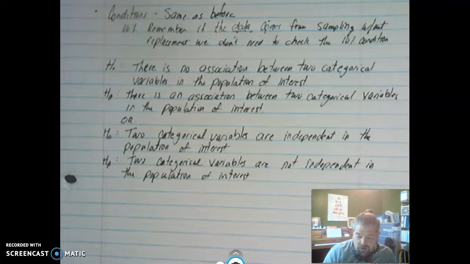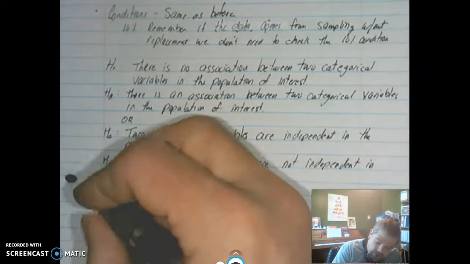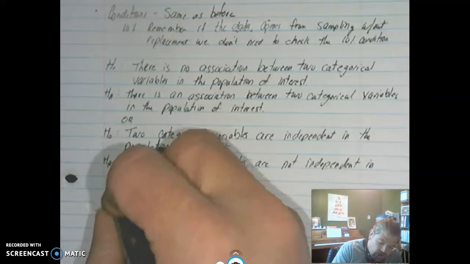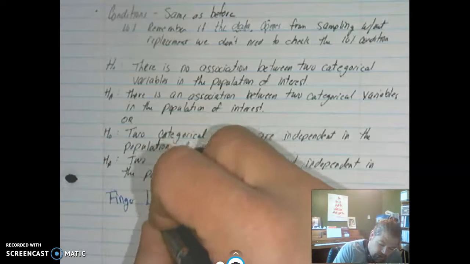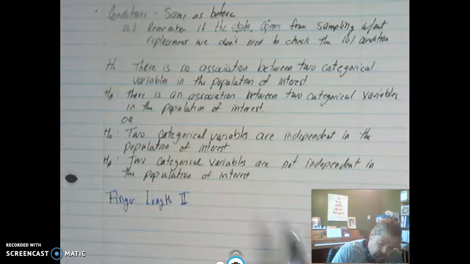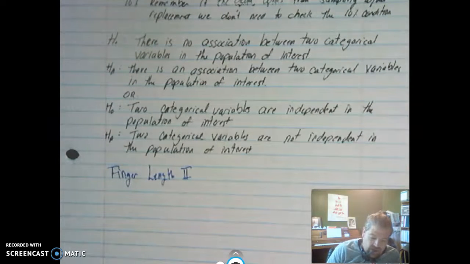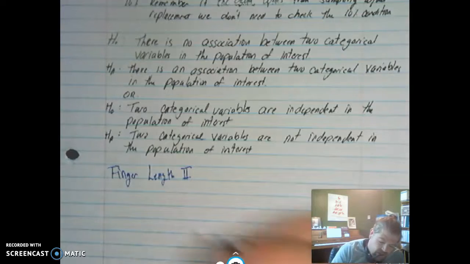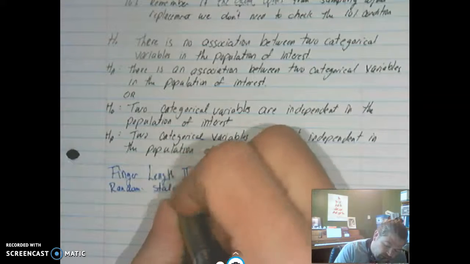So what we're going to do is use our example of our finger length, okay? All right, so let's do that test. Let's do a chi-square test for independence, all right? So first thing we're going to look at is random, and that was stated in the narrative, okay?